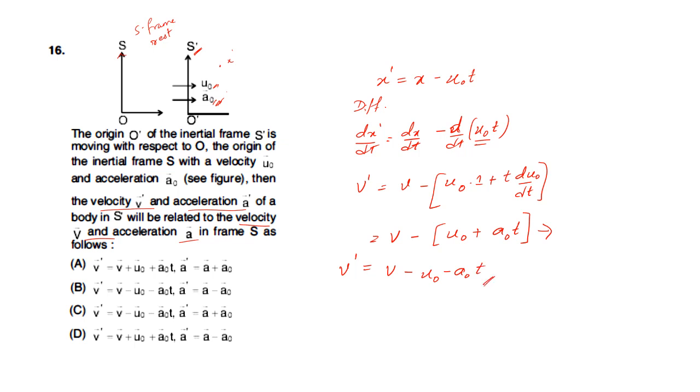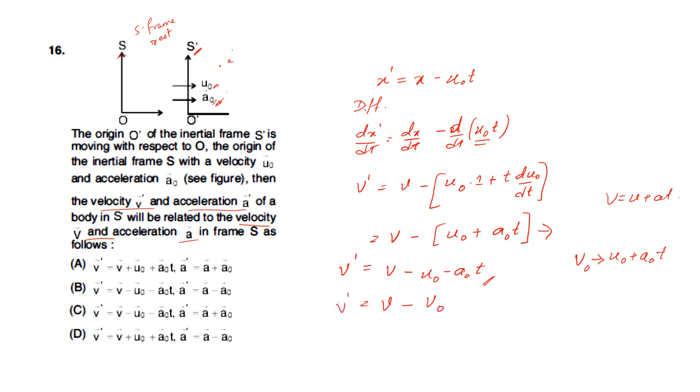This is 1. Then we know that v naught can be written as u naught plus a naught t, because v is nothing but u plus at. Therefore v prime is v minus v naught.